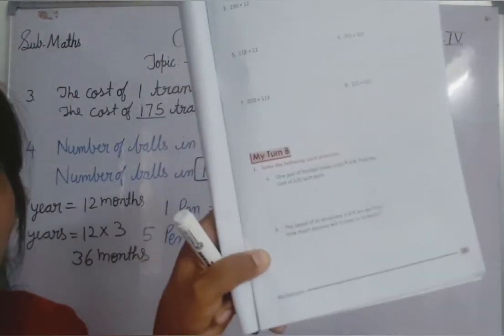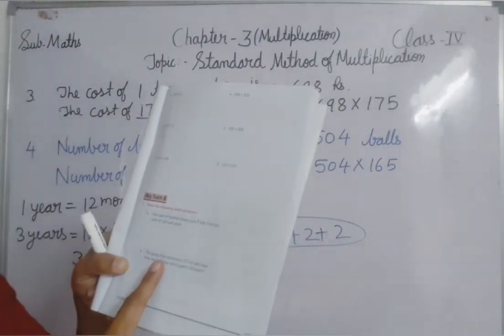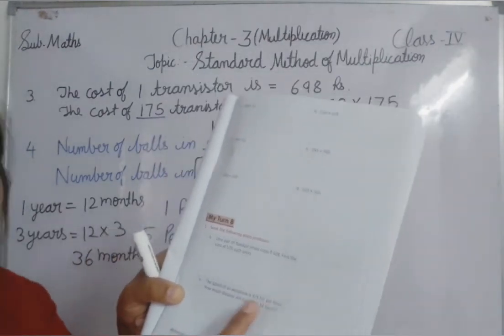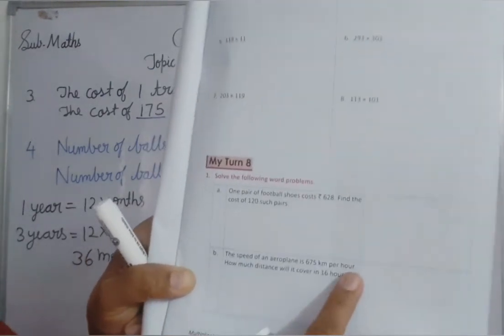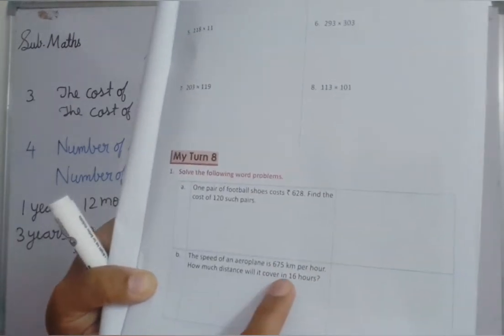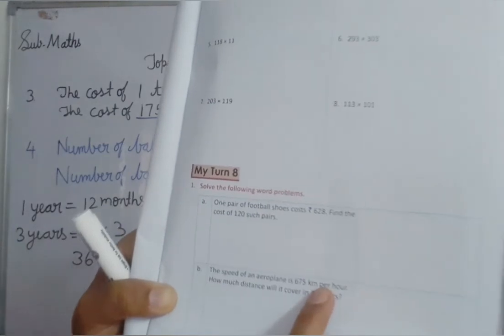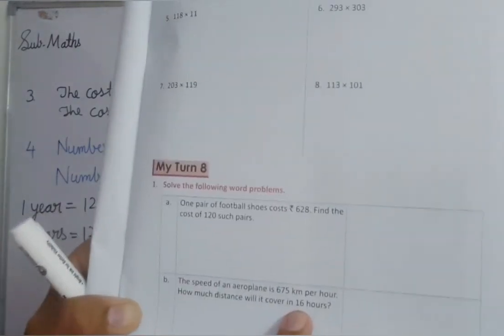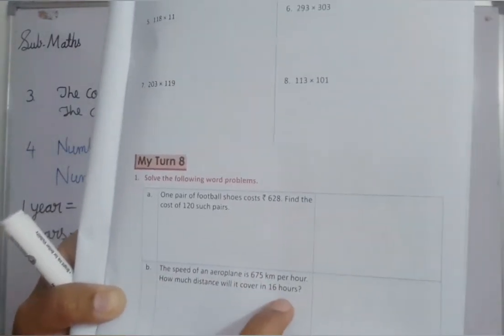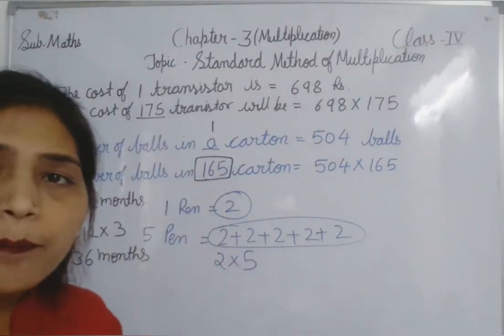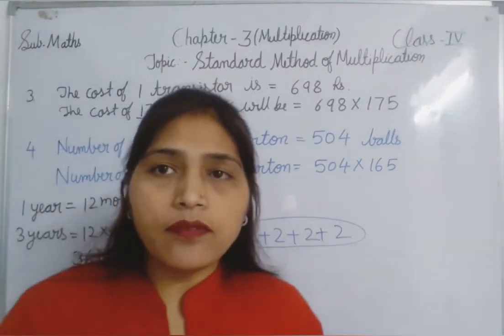So the speed is 675 kilometers in 1 hour, and they are asking for 16 hours. They have given us for 1 hour and they are asking for 16 hours, so you have to do multiplication. Clear? Per hour means in 1 hour.